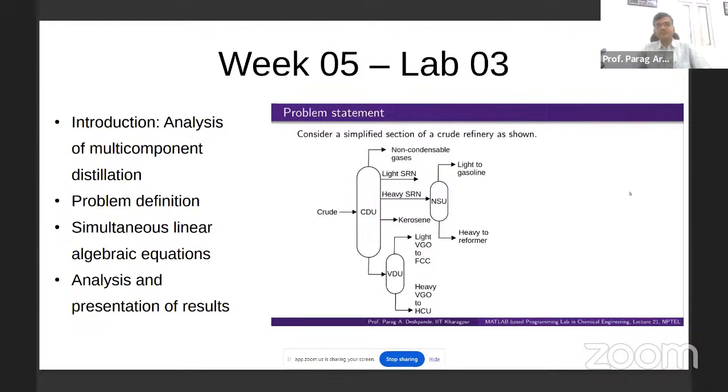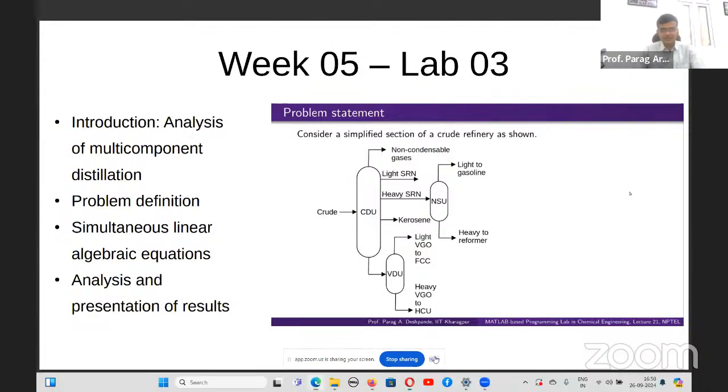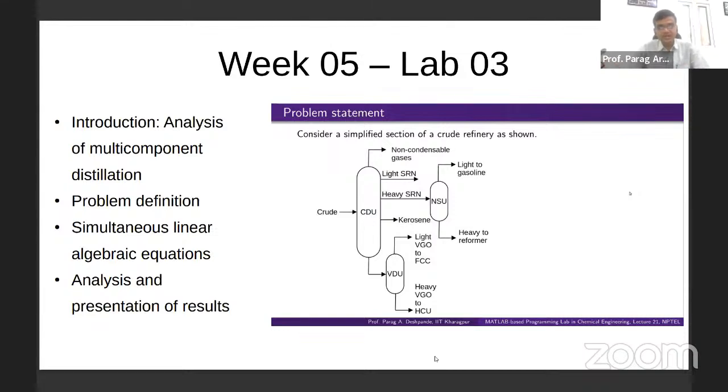The system in front of us was a very simplified part of a refinery. I hope you remember that you had a crude distillation unit, a naphtha splitting unit, and a vacuum distillation unit, which you can see as 3 columns here.